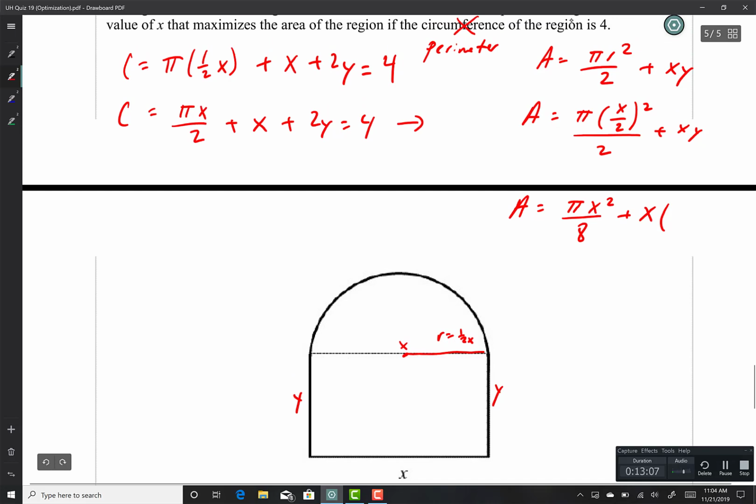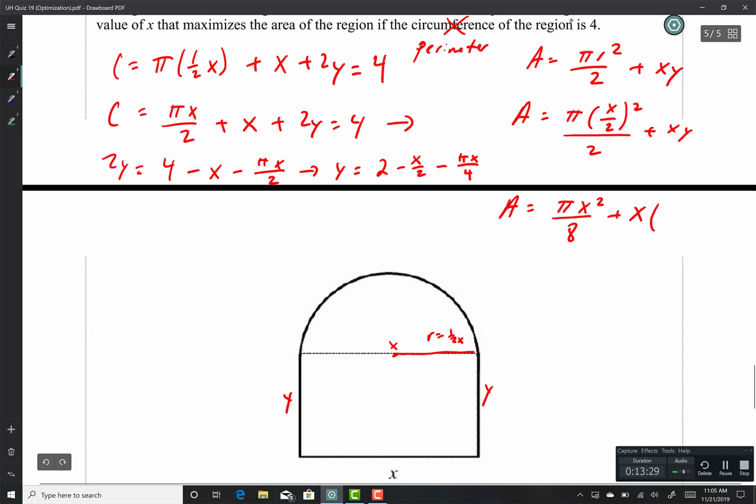Let's see. 2y equals 4 minus x minus pi x over 2. I'm going to divide everything by 2. So y equals 4 divided by 2 is 2, minus x over 2, minus pi x over 4.